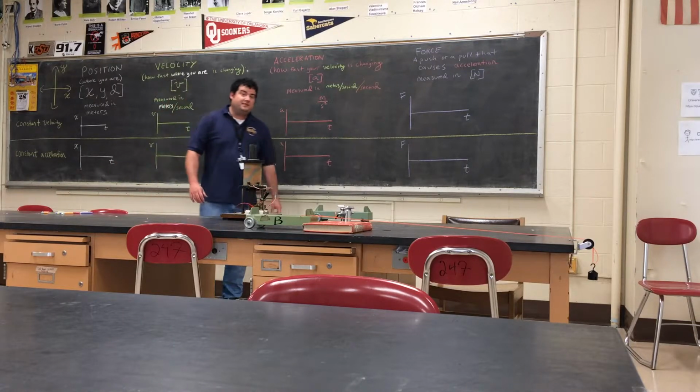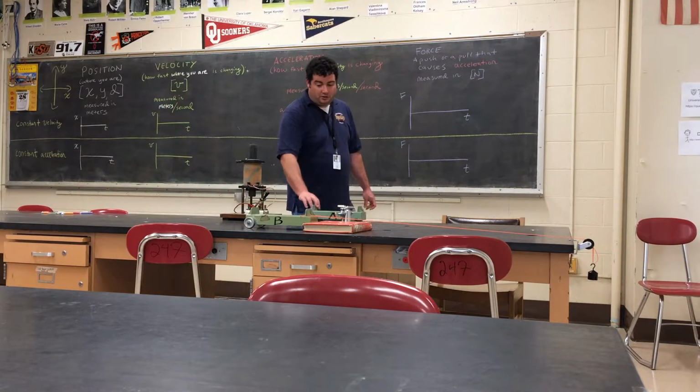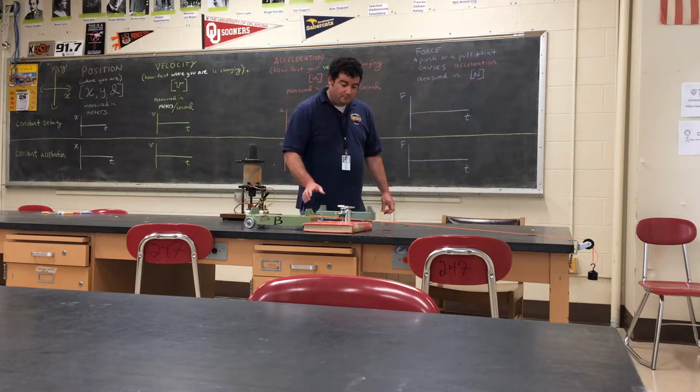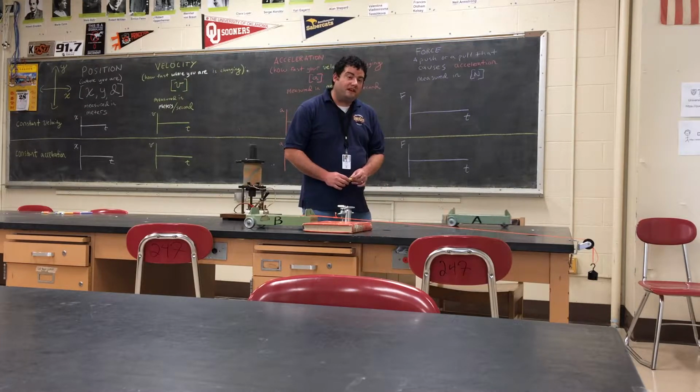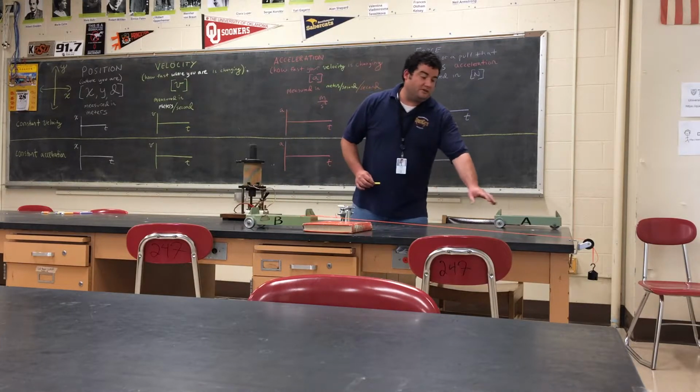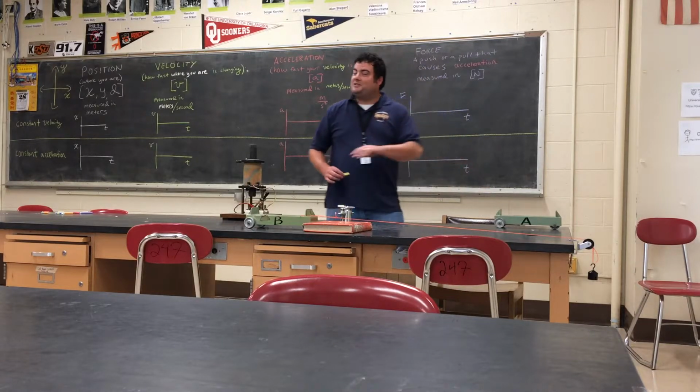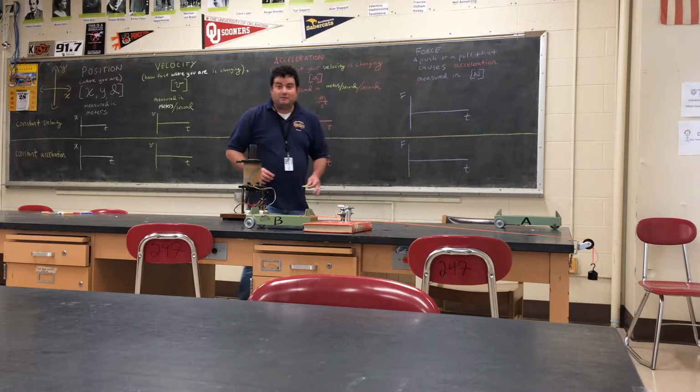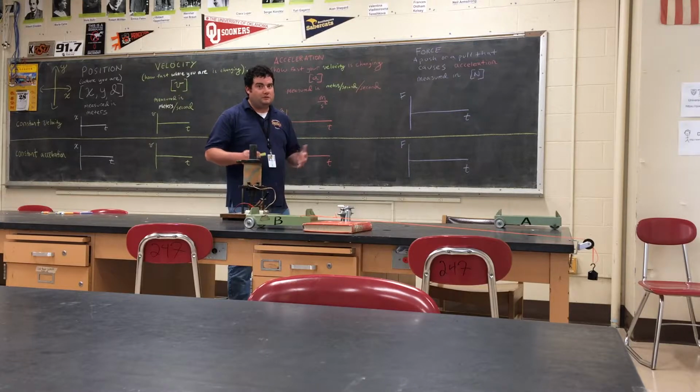For constant velocity, that's motion where there's no force acting on an object, and therefore no acceleration. Now that clearly wasn't constant velocity because it slowed down, because there was friction, which was a force.